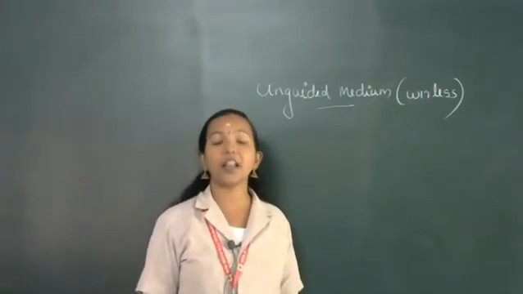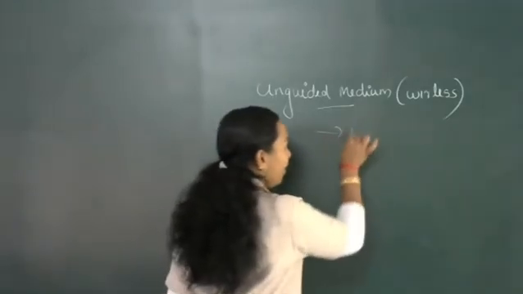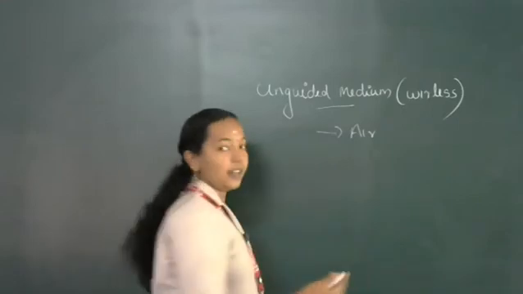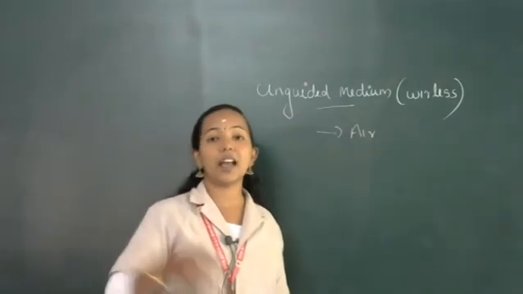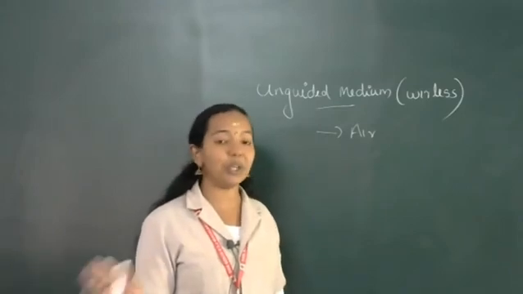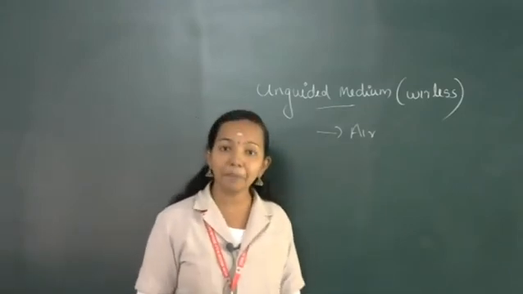The communication medium is air. Through air we can transfer signals, and the signals can move in any direction, left to right. There is no fixed direction when we are using a wireless transmission medium.